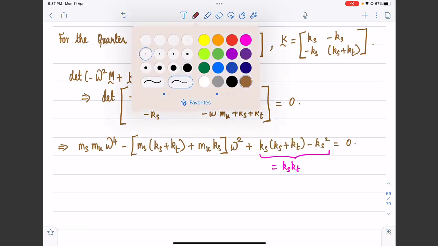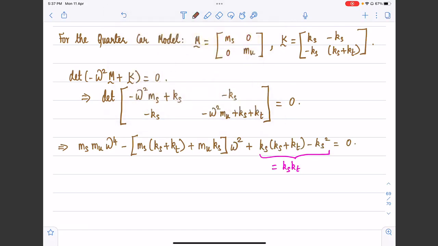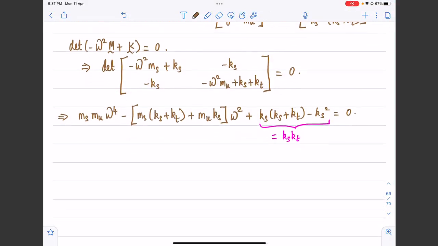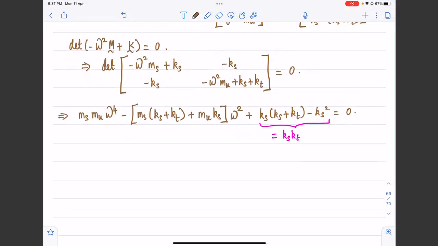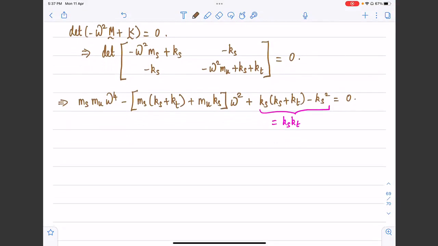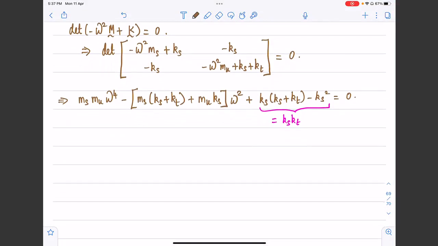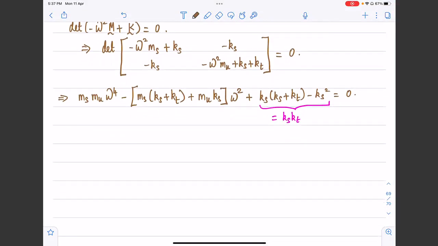All right. Now, one may wonder, hey, how are we going to solve this equation, right? Because it looks like this is an equation in omega power 4, the fourth order of omega. But then we need to get expressions for omega, right? How do we solve these equations? So please note that in this particular equation, we are only having even powers of omega.